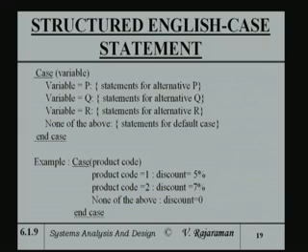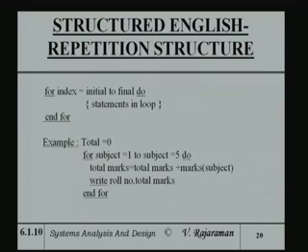Example, if product code is equal to 1, give a discount of 5%, if product code is equal to 2, give a discount of 7%. So, for different products, there are different discounts. In fact, the number can become very large in any business situation, and so the number of statements within a case may be quite large, and it is a very easy way of seeing what you do.